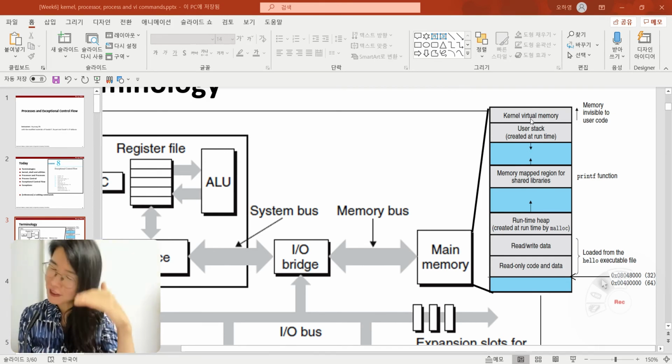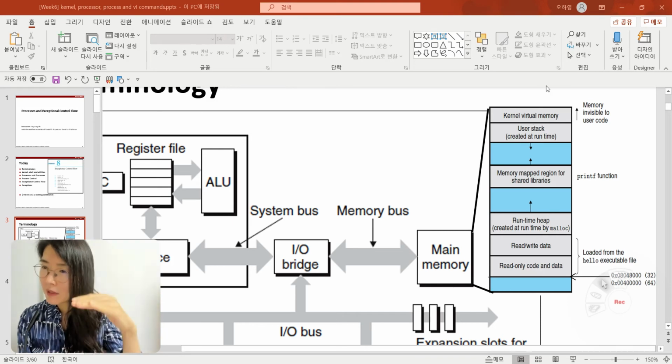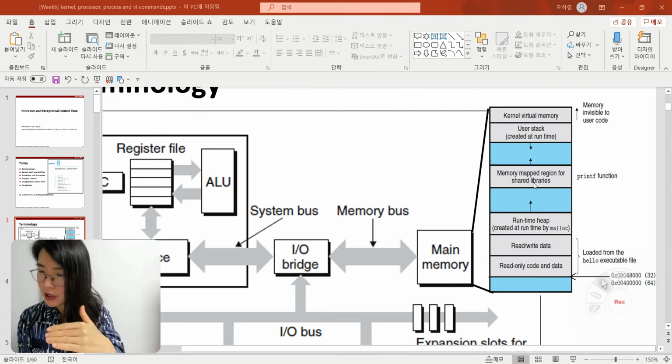So please remember each terminology of the main memory space as well as the location. Please close your eyes and recall the terminology with the location all by yourself many times. The top level is the kernel virtual memory, the user stack, and the memory mapped region for shared libraries such as printf. And then the bottom parts start with the runtime heap, the read-write data, and the read-only code and data.